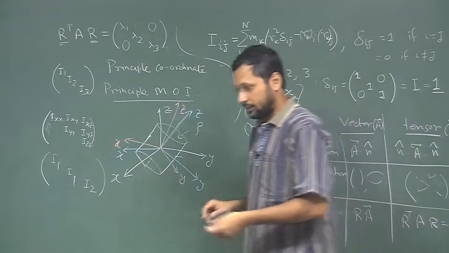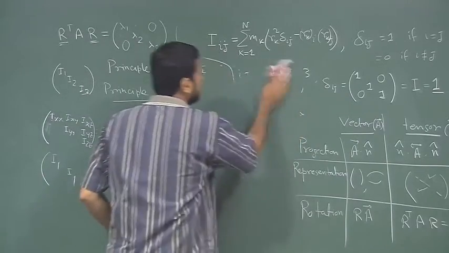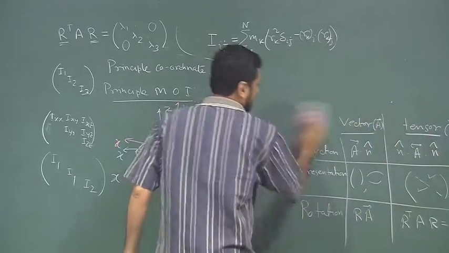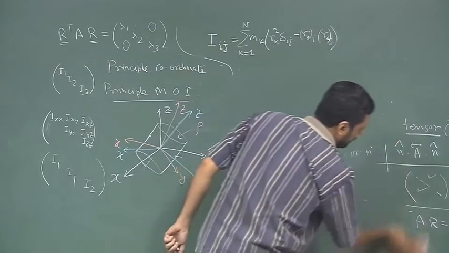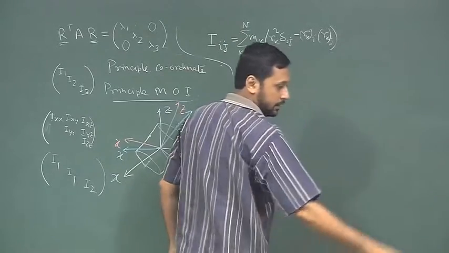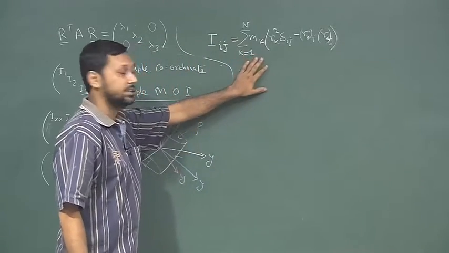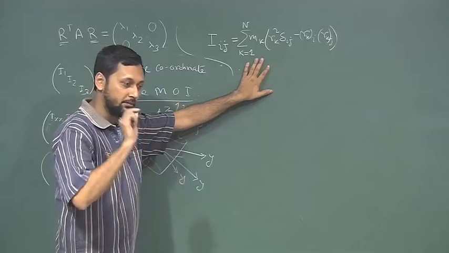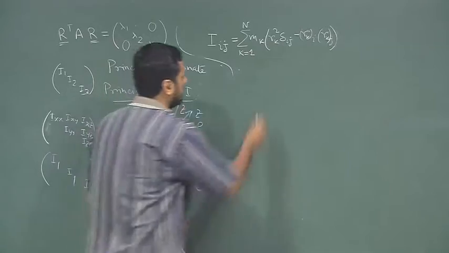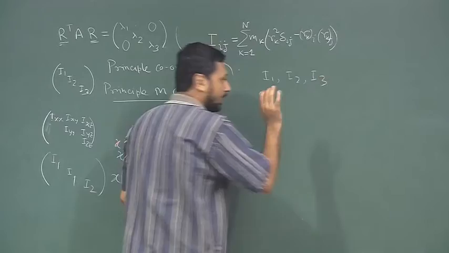Now, we can also classify systems depending on the symmetry of it. As I said, we can always diagonalize the moments of inertia tensor, always. There will definitely be some orientation along which the moment of inertia is diagonal. So, we can always find I1 and I2 and I3 for any object.